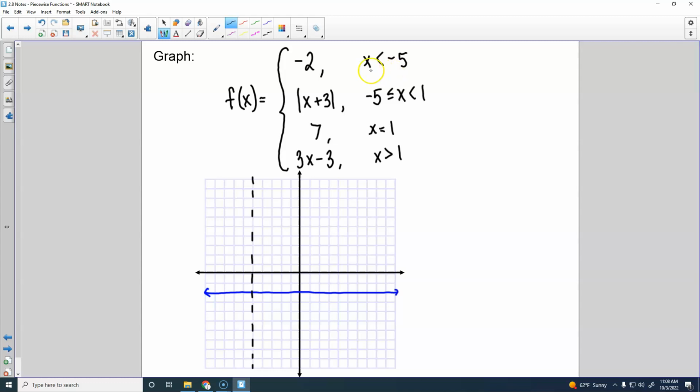I am only supposed to use the part of this graph that is less than negative 5, so I'm going to erase all this over here. Which one do I need for this part of the graph? Open circle. Correct, because it's a less than here, so we use an open circle. Good.